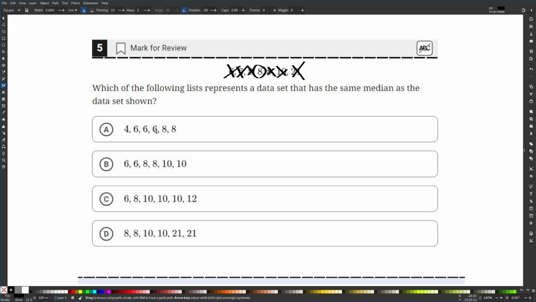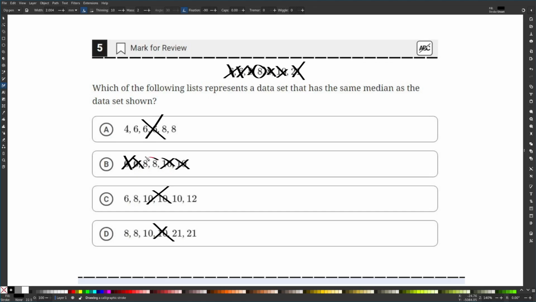Here, 8 is nowhere in the middle. We only see 6s, so it's not A. B appears right, since there are two 8s in the middle. We're going to check it later. This one's definitely not right, and this one's definitely not right. For this one, if we do the same thing, we remove this 6, remove this 10, remove this 6, remove this 10.